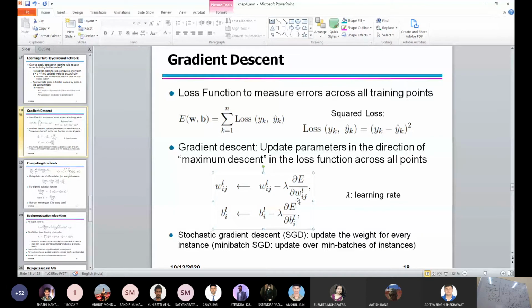Please assume that this is a well established fact, that for updating the parameters we should use this formula. Considering that, we now learn how we will get the value of delta E by delta Wij at level L. So, is it okay?